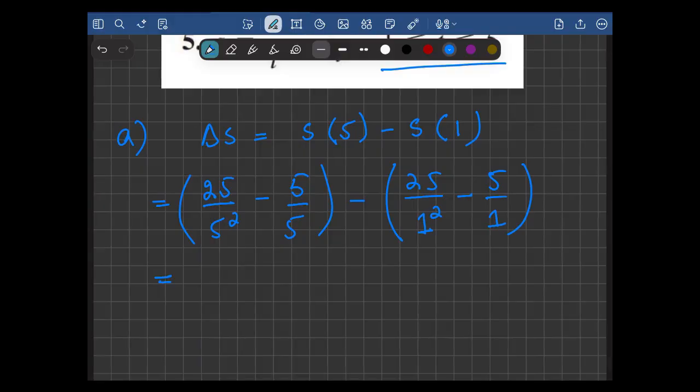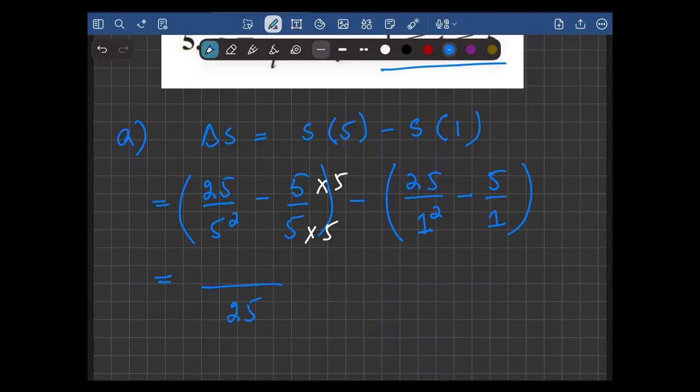We get 25 as the common LCM. If you want to make it 25, then we have to multiply by 5 here and here as well.